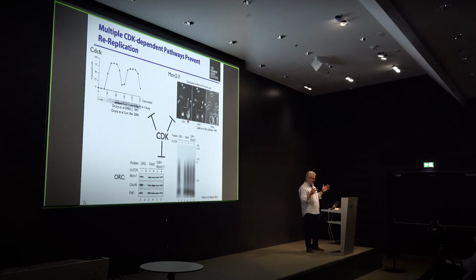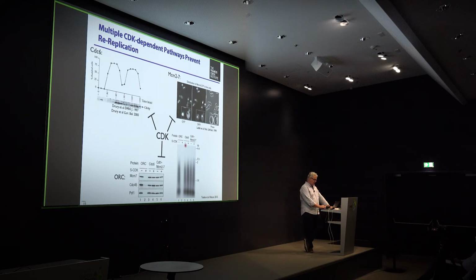But it turns out that ORC is actually directly regulated by CDK, and this is the explanation for the experiment I showed earlier, where CDK inhibits replication. So this is basically the same experiment as the one I showed you previously, except instead of just putting S-phase CDK in before we load MCMs, we specifically phosphorylated individual components of the MCM loading reaction and asked what happens to replication.